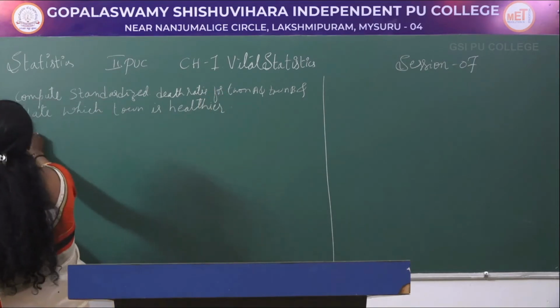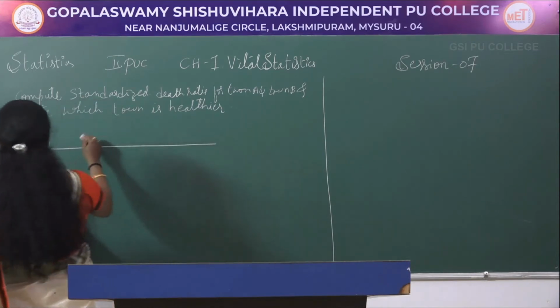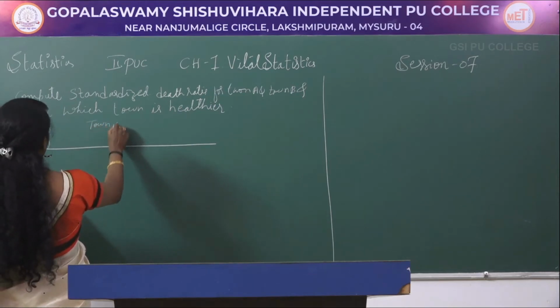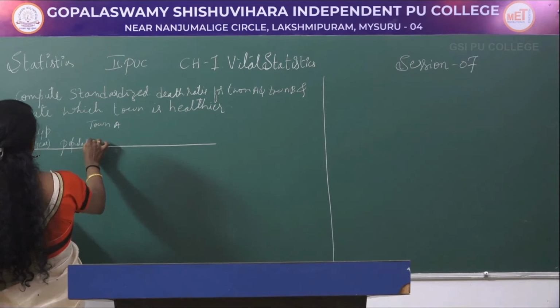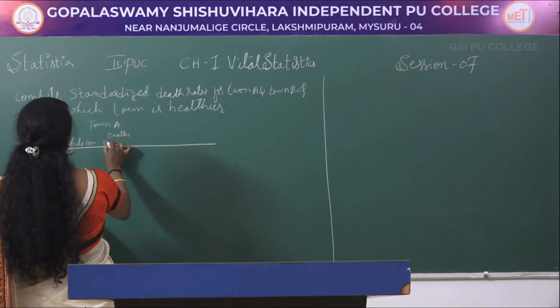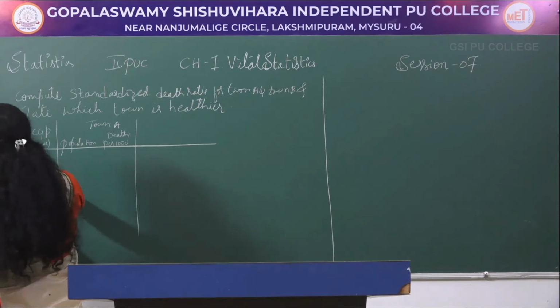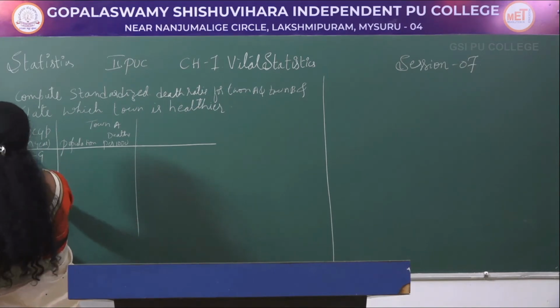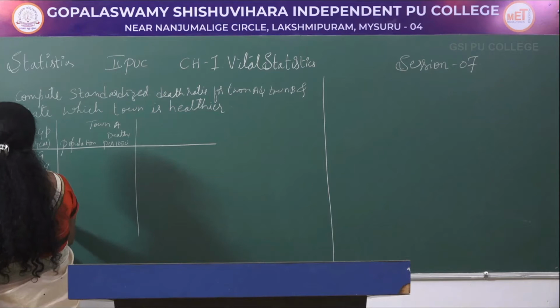So I'll write down the problem here. Age group in years. Next, town A. In town A, it is population and deaths per thousand. Years I'll write 0 to 9, 10 to 29, 30 to 59, 60 and above.